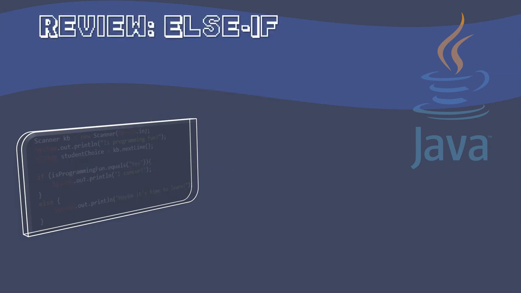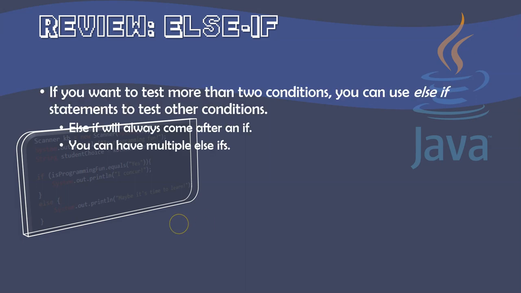Now, if we wanted to branch out further, like let's say we want to test more than two scenarios, if it is it or if it's not, well, we can get into using else if. And if you recall with else if, we want to test more than two conditions, we can use else if statements to test those other conditions. Now, else if will always come after the if, because if is always at the top.